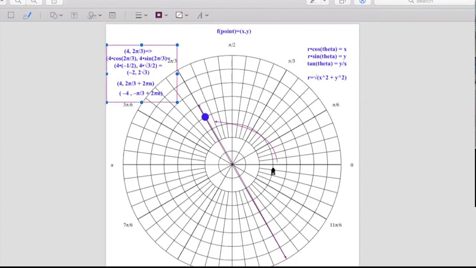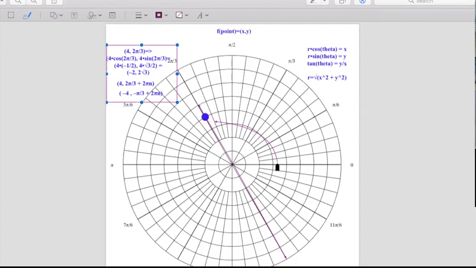Or if I said, give me all of the possible coordinates of this point where the angle is somewhere between 0 and pi, there's only one point you would be able to give me because I've restricted where you can put your angles.